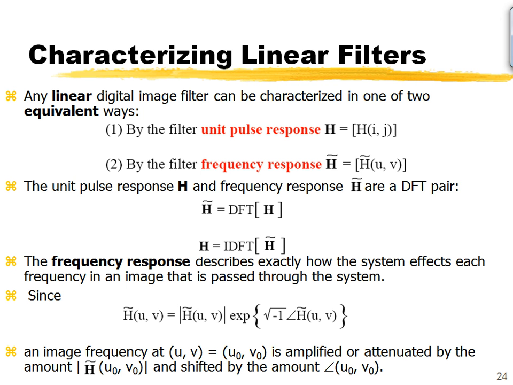Okay? If I say that, well, what I want to do is design a filter which attenuates all frequencies greater than 4 cycles per image. Okay. If I give you properties of the filter in those terms, what would you do? Where would you design the filter? In Fourier domain or in space domain?